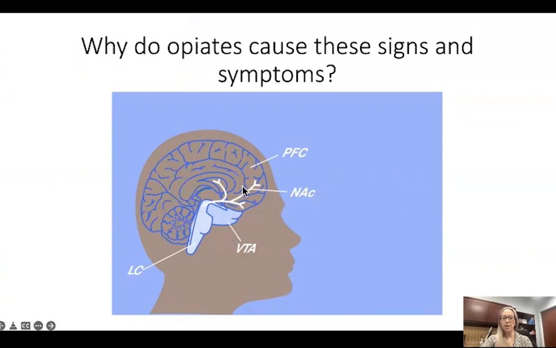But the mu receptors actually are linked to your reward pathway. So through a bunch of complex physiologic signaling, it actually ends up releasing dopamine, which is kind of your feel-good neurotransmitter in your brain. And so this causes pleasure, and your brain is wired to pursue that again if something caused it pleasure.